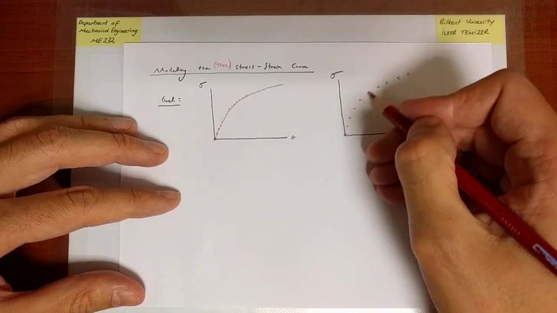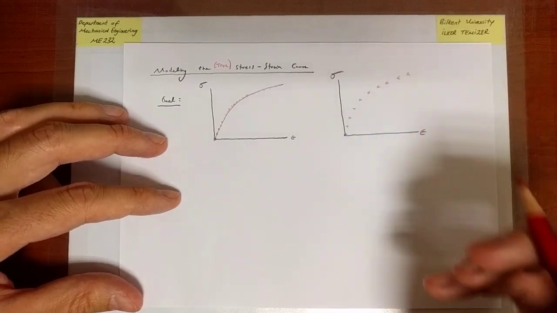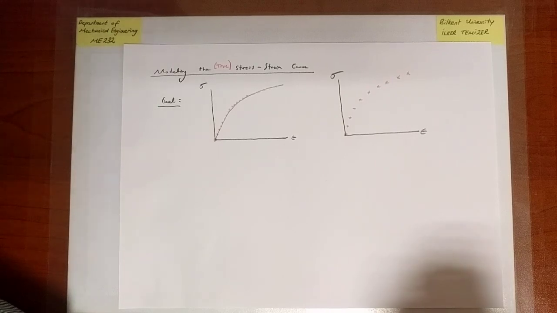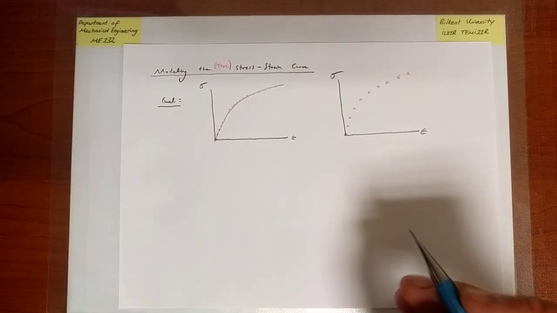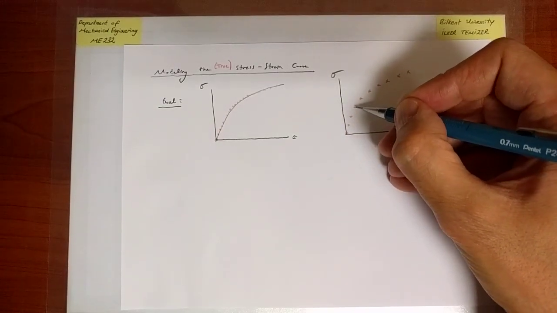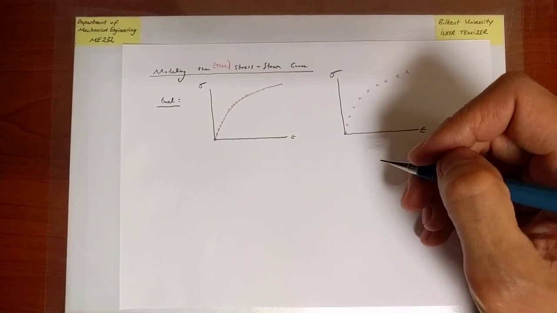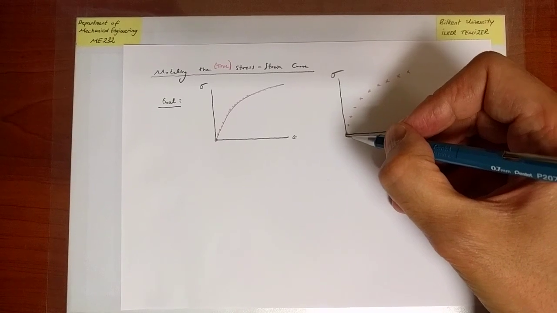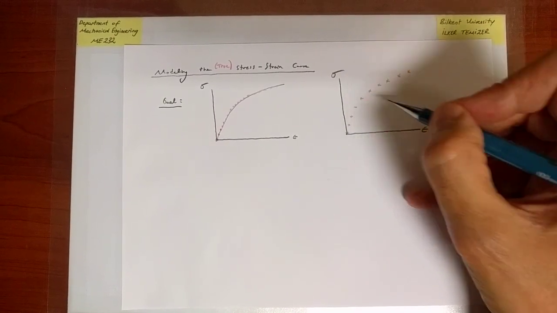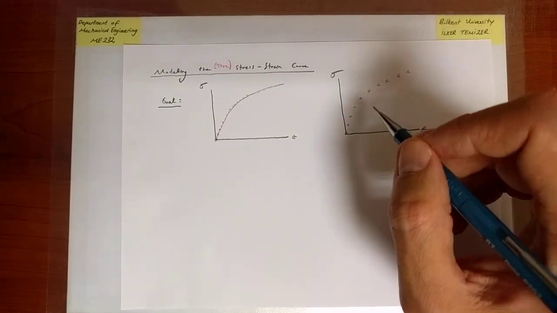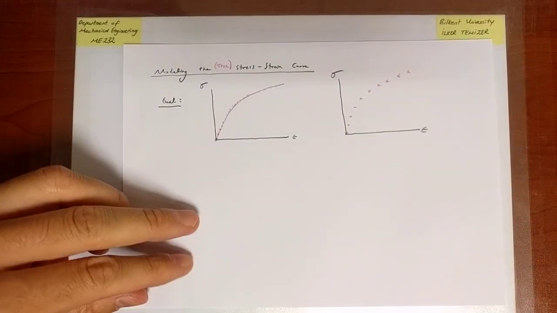In practice, you take hundreds of data points, but I'm going to assume that we don't take that many points. I'm going to take just, let's say, 10 points. Now, if I connect these points with one another with straight lines, it's not going to look nice. So instead, what I'd like to have is a smooth line that is able to replicate this data as closely as possible.